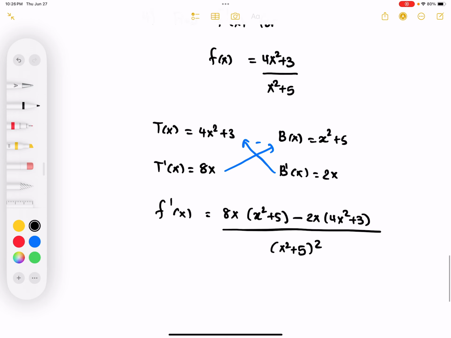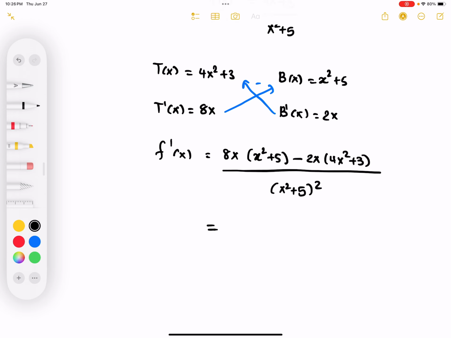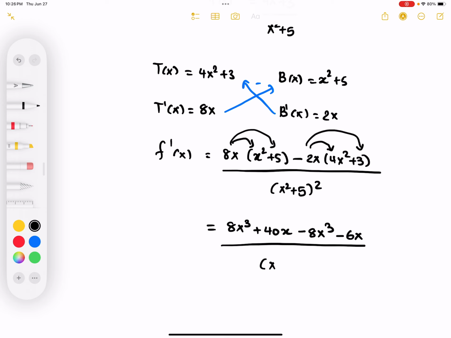Now make sure to simplify the top one, that is this multiplied by this one is 8x cubed. This multiplied by this one is plus 40x. This multiplied by this one is minus 8x cubed. And this one multiplied by this one is minus 6x, right? Divided by x squared plus 5 the whole square.